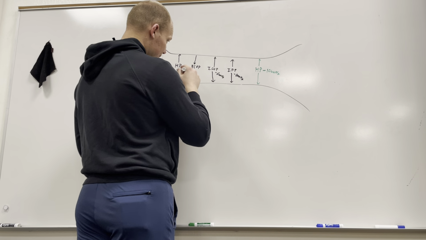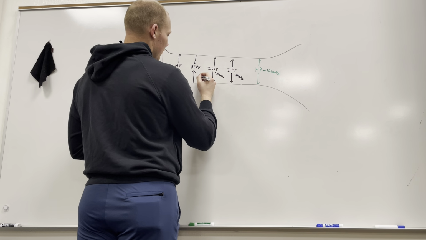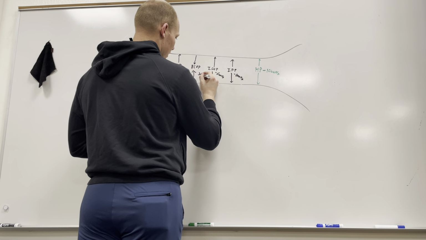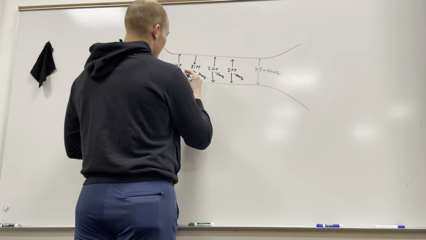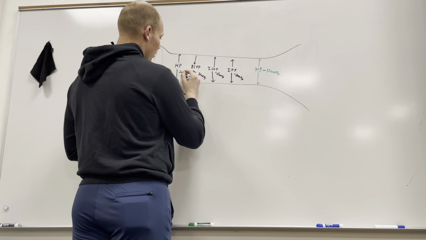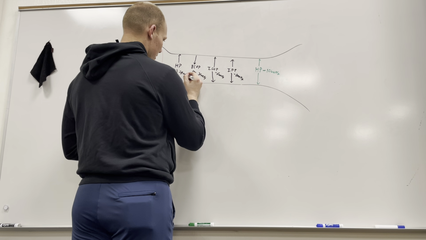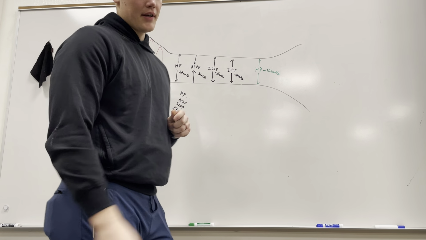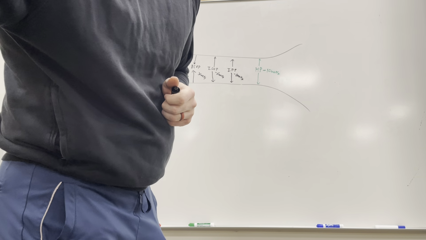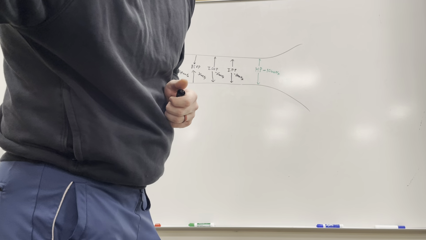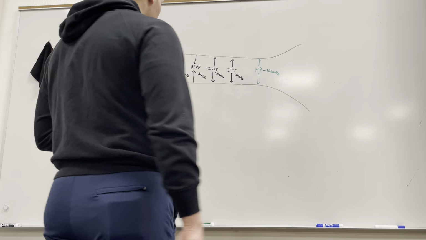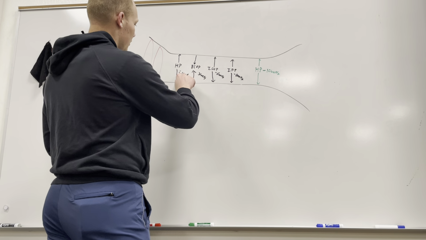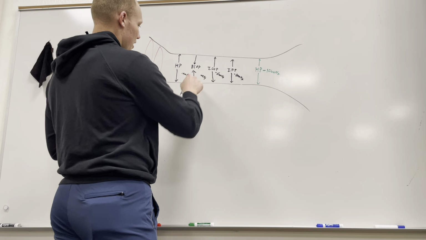BCOP here is 30 millimeters of mercury, and hydrostatic pressure is about 28 millimeters of mercury, somewhere around there. So the reason that this is super important, oh, actually I got these switched. Hydrostatic pressure here is 28, BCOP is 30.